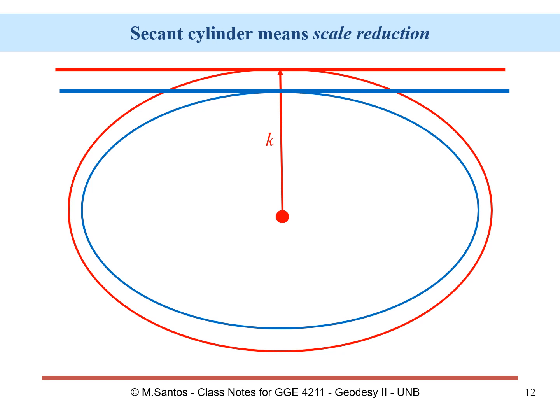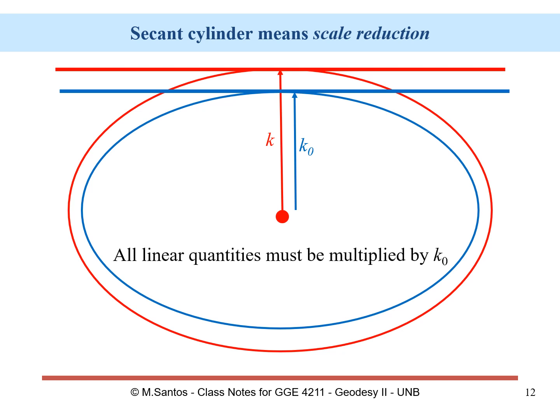Therefore, all features are smaller. The original scale was reduced. The radius of this blue ellipsoid is k sub 0. In practice, all linear expressions from the transverse Mercator will be multiplied by this coefficient of scale reduction k sub 0. The consequence of this reduction in scale is that all linear distortions will also decrease.